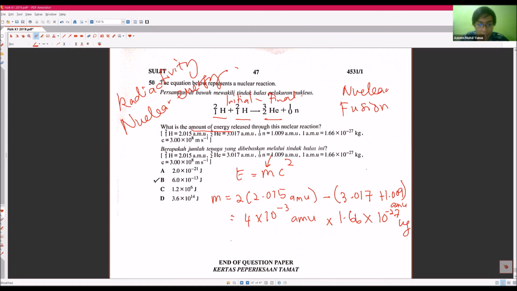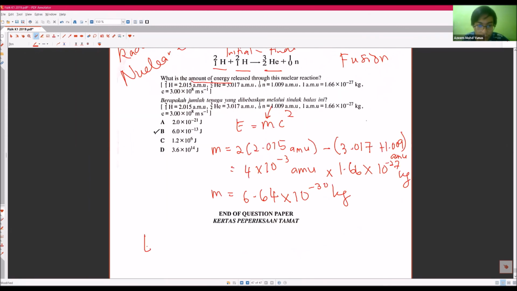So the mass is in kilograms, and then we plug into our formula, E equals mc squared. c is 3.0 times 10 to the 8 meters per second, squared.